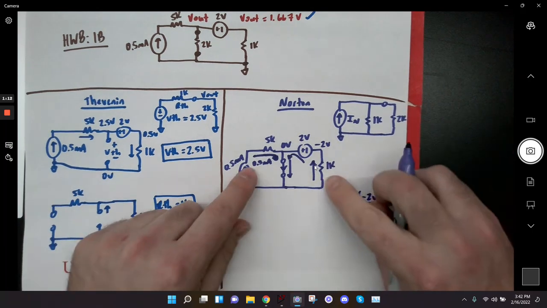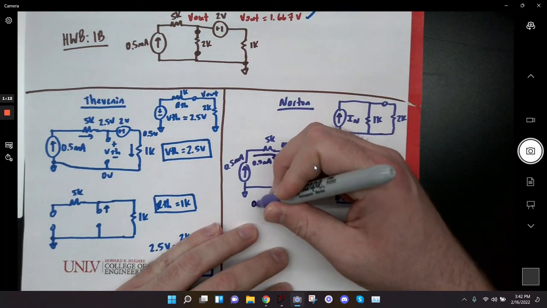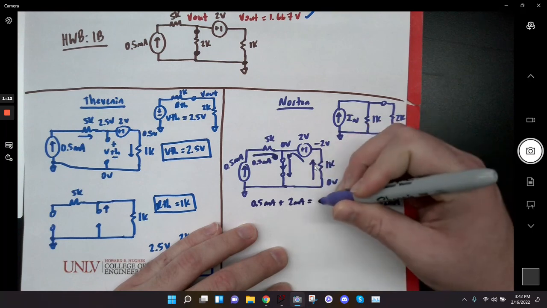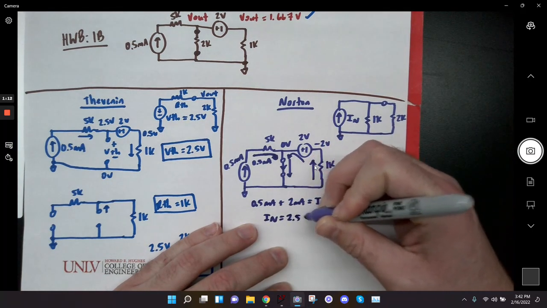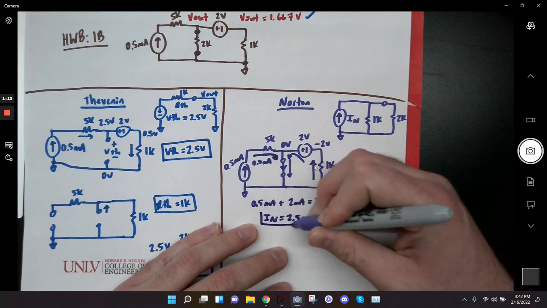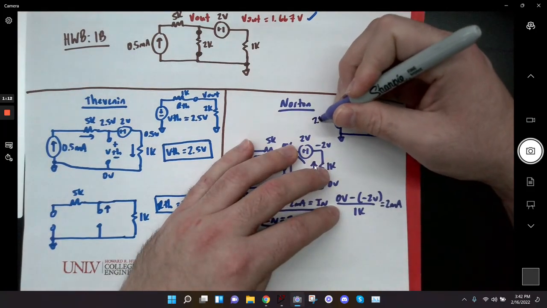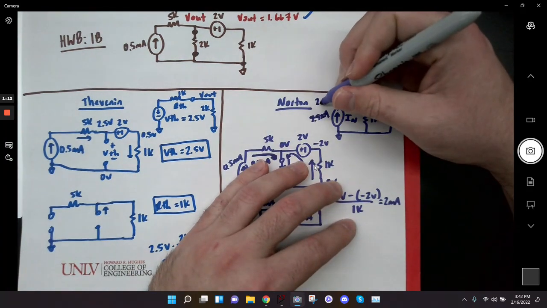That plus my 0.5 is the current that's flowing in there because of KCL. So 0.5 milliamps plus 2 milliamps equals my Norton current. So my Norton current is going to be 2.5 milliamps.